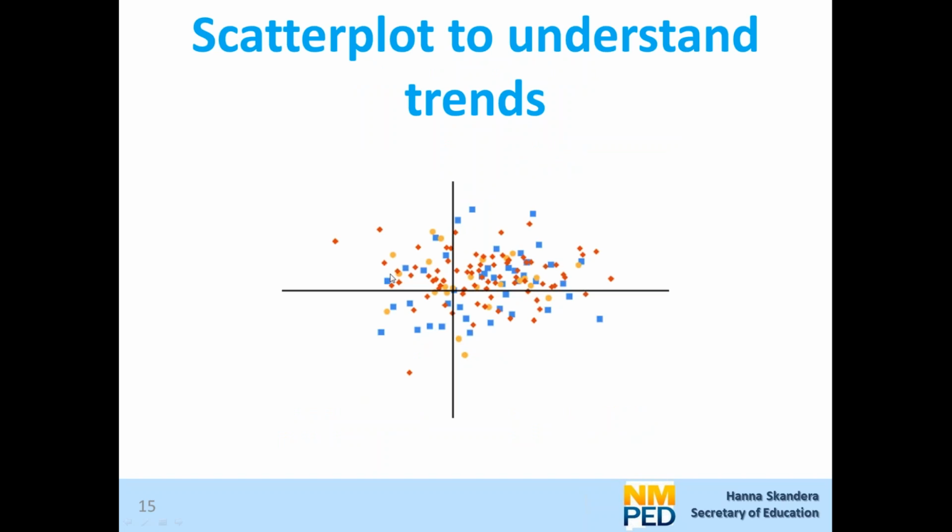This scatter plot can convey quite a bit of information that an instructional leader can use to have critical conversations with the teacher, and the teacher can really use as a tool for reflection on their practices. Once you start looking at several scatter plots, you might begin to notice patterns. You may find that all the students are on the right side of the line and they're up here in this quadrant.